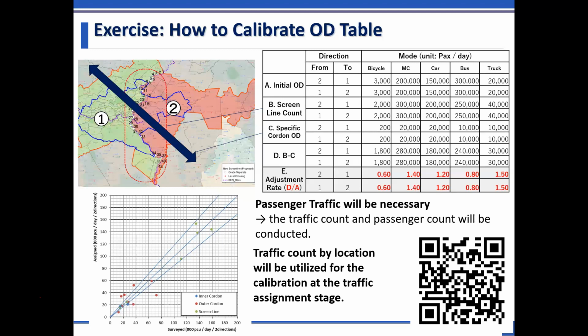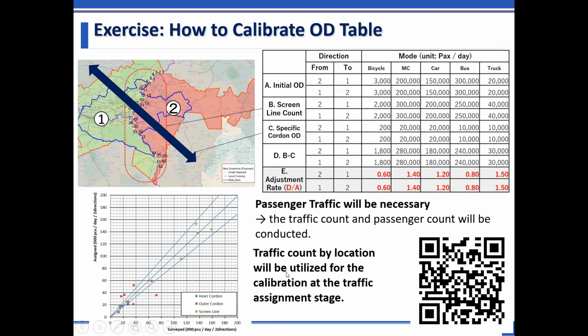So please understand that screen line calibration is how to see the gap between the modeled transport and actual transport. Additionally, not only for the overall OD tables, the locational traffic volumes must also be considered.